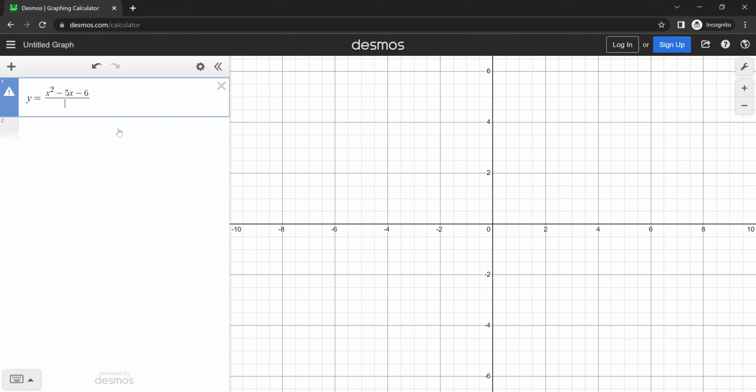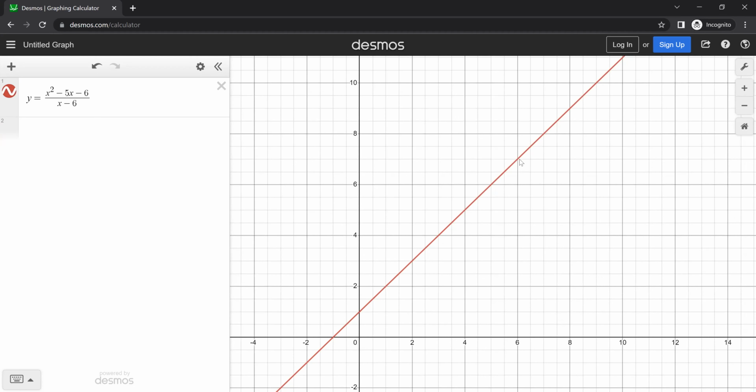It's a little bit hard on your calculator, but if you were to actually go over to 6 right here, you can see how it says undefined right there. The calculator knows that it's undefined. Yours would throw up an error. If you tried to get the value at 6, it would say, I don't know what to do.